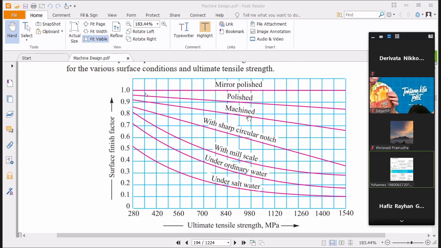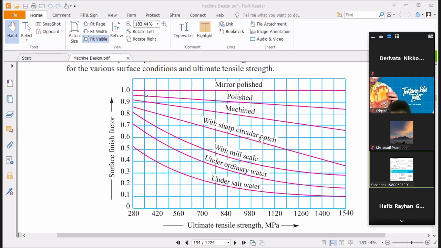But if you machined using a lathe machine, just turned only, then the correction factor will be reduced with the increase of the ultimate tensile strength. So the correction factor will be reduced. If we use a larger ultimate tensile strength, then the correction factor for the machined element will decrease from 0.9 down to about 0.7.